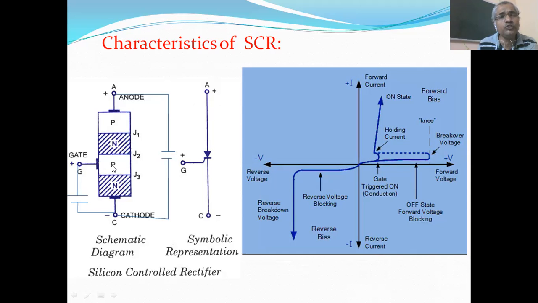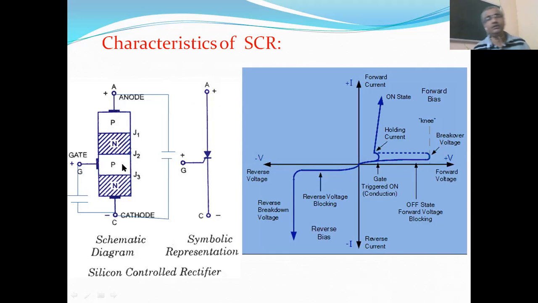Holes from the P region and electrons from the N region will enter into the P region and recombine, and since this junction is forward biased, electrons are made available in the P region.